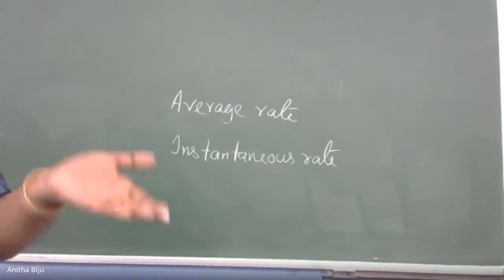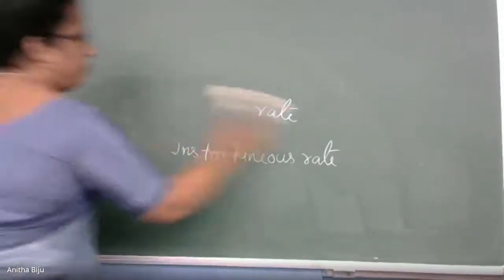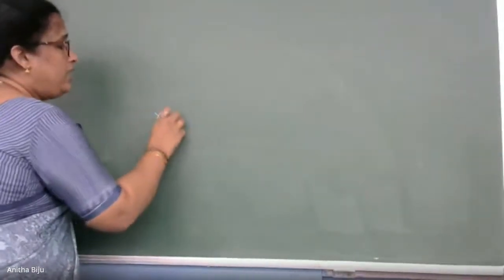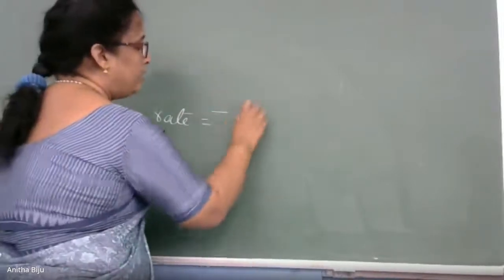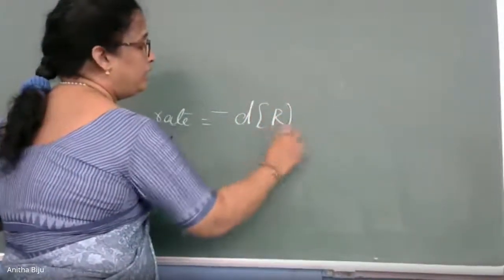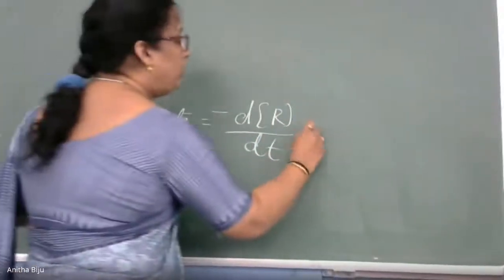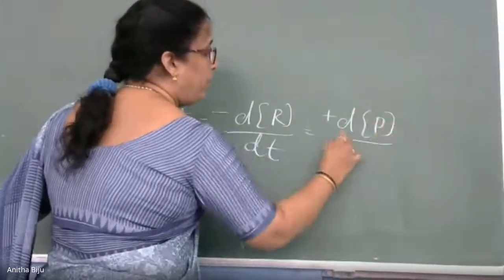Now, when we focus on the second type, instantaneous rate, there is a small difference. What is the difference? Instantaneous rate is equal to minus dR divided by dt, or plus dP upon dt.